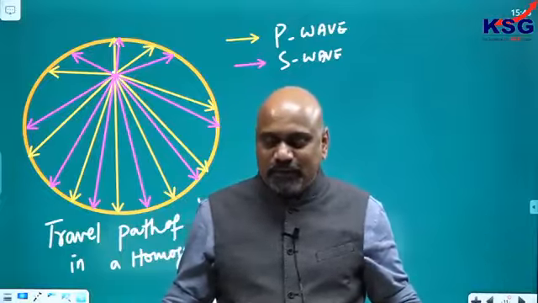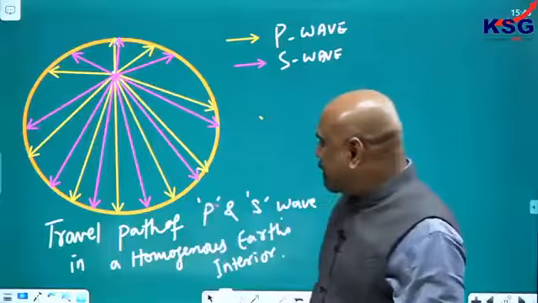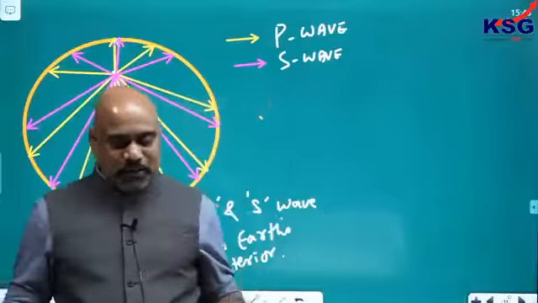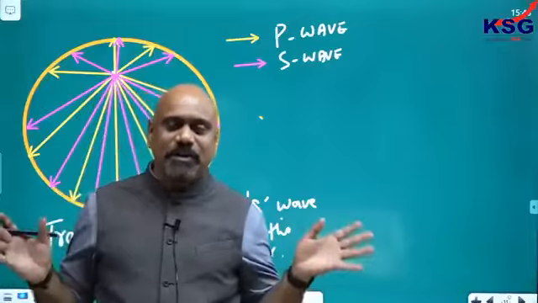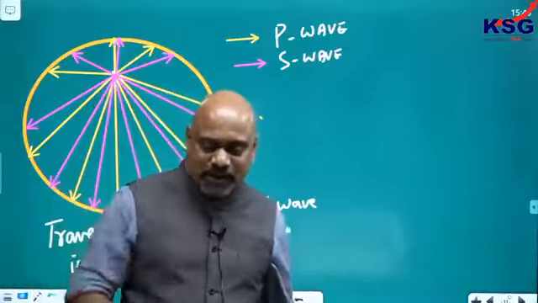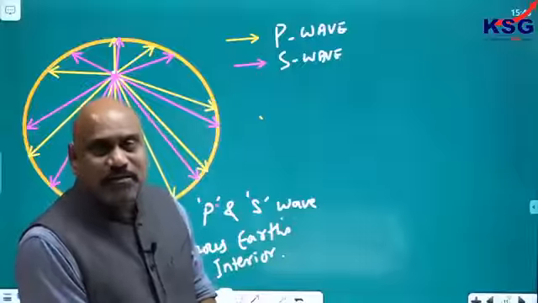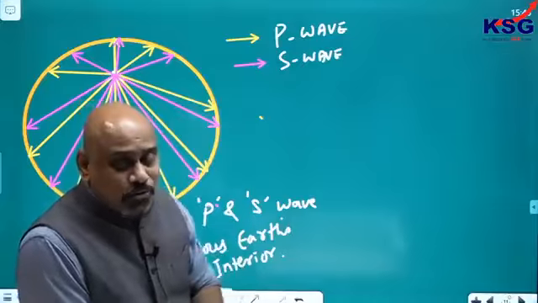It's now 3:45, so I'll take questions from you. If you have any question, please give one question. I need some time on this. I will continue with this P and S wave as I have just given, because I have to show you the shadow zone.